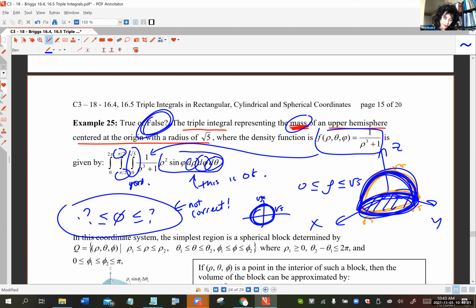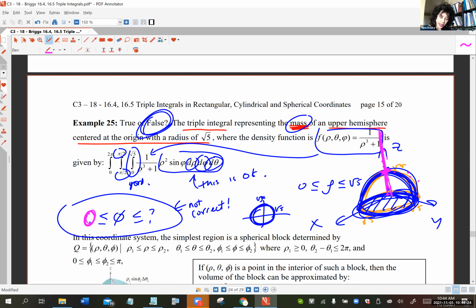region of integration. I claim that, now remember, the phi is the angle that the solid makes with the positive z-axis, which is right here, and any points that live on the positive z-axis have a phi of 0. And since there are some points of this upper hemisphere that exactly coincide with the z-axis, our lowest limit for phi will be 0. Now what?